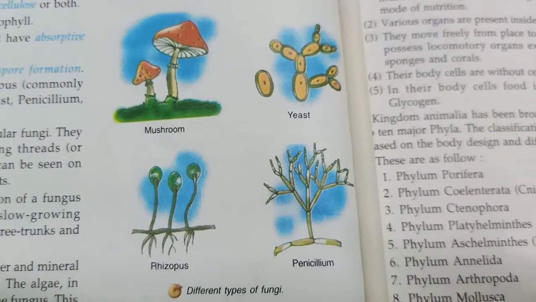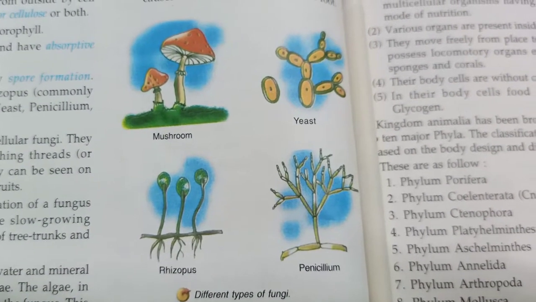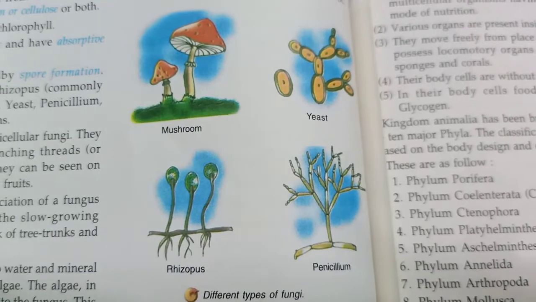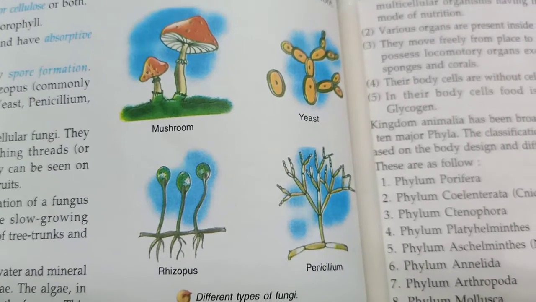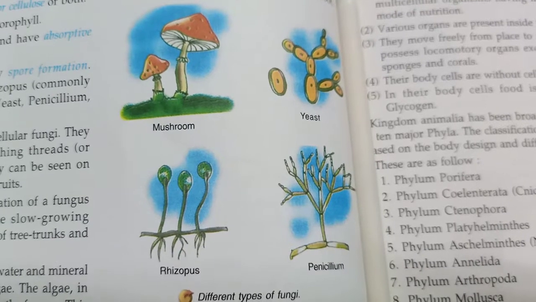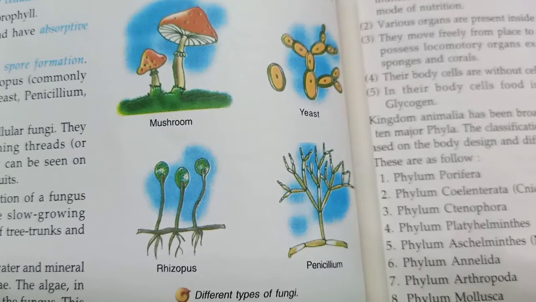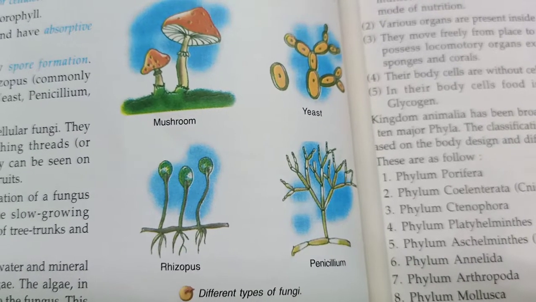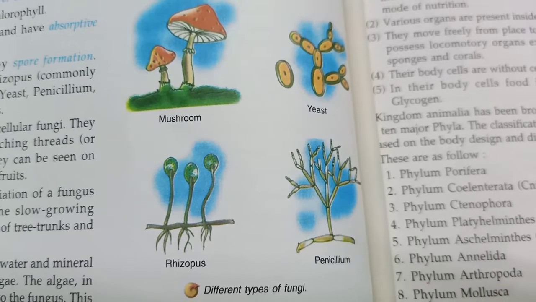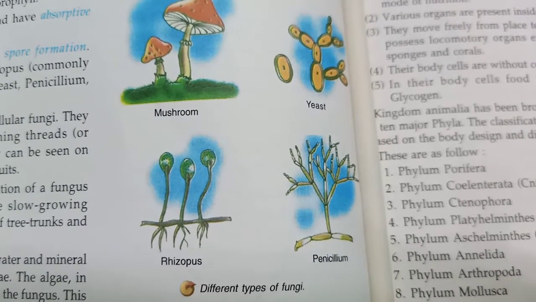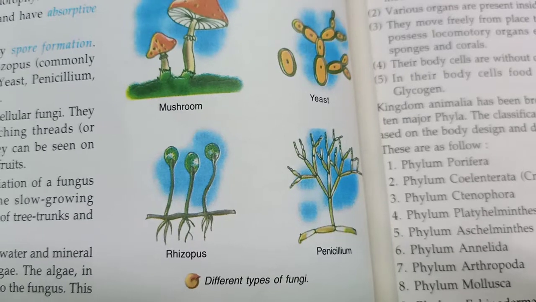Now here you can see the different types of fungi. First one is mushroom. This fungi we use as food. Then yeast, it is responsible for making bread, cakes, idli and dosas. Then Rhizopus, it is a kind of bread mold.